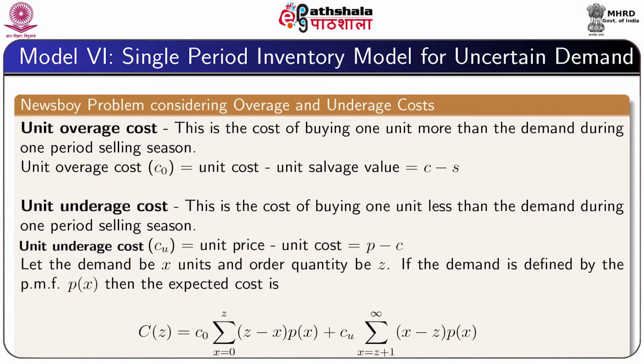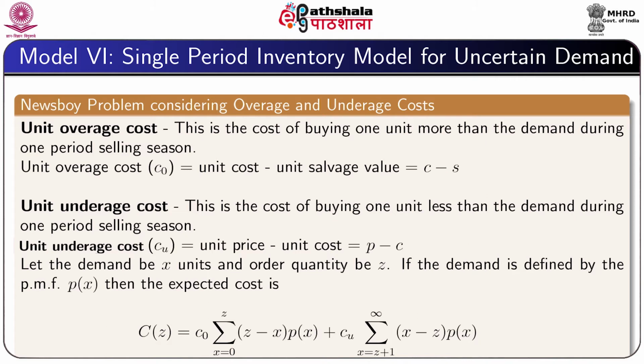Therefore, unit overage cost C0 is equal to unit cost minus unit salvage value, which is equal to C minus S. Unit underage cost is the cost of buying 1 unit less than the demand during one period selling season. Unit underage cost Cu is equal to unit price minus unit cost, which is equal to P minus C.